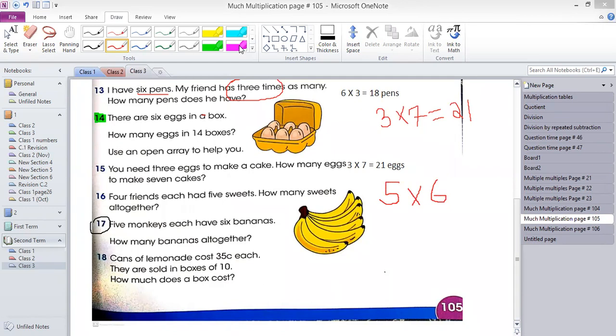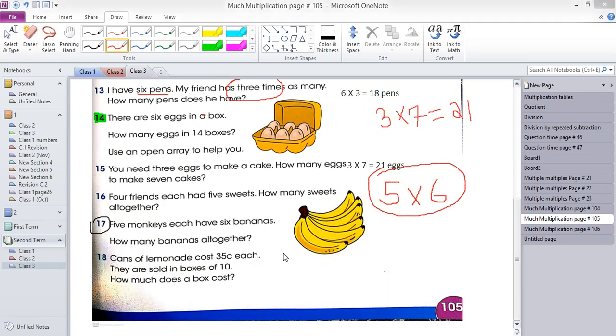One monkey has 6 bananas. There are 5 monkeys. How many bananas will be there altogether? One monkey is having 6, so for 5 monkeys, multiply 5 by 6. 30, sir. Good. Very good.